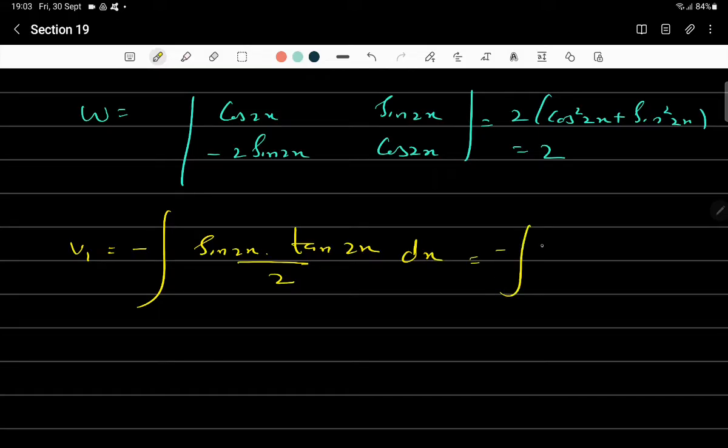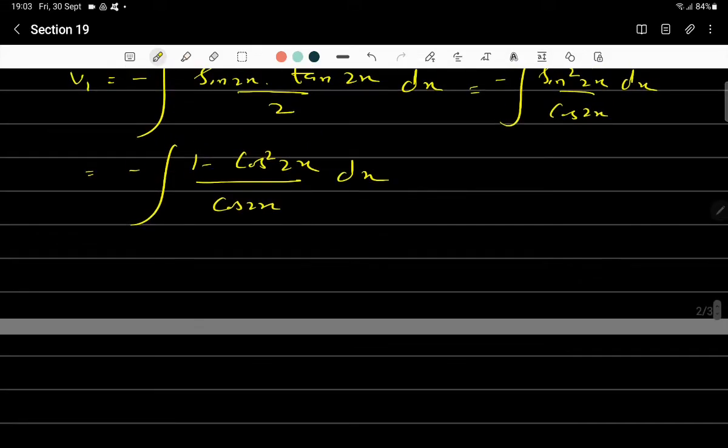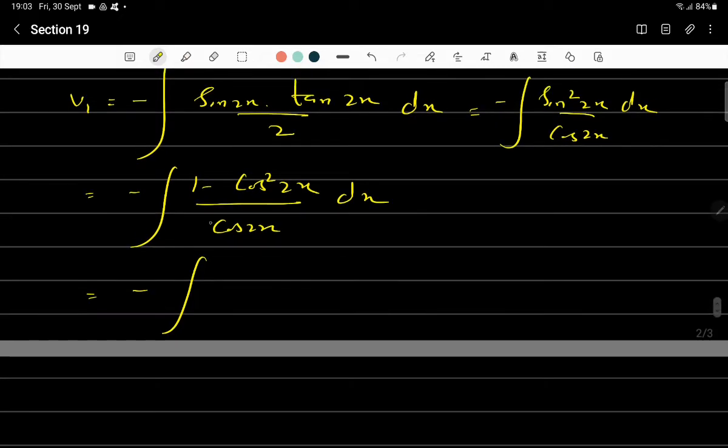I can write it as -sin square 2x divided by cos 2x dx, and again sin square 2x can be written as 1 minus cos square 2x by cos 2x dx, which further can be simplified as, sorry, I have missed the 2, so 2 is here, so minus 1 by 2 times the integral of sec 2x minus cos 2x dx.